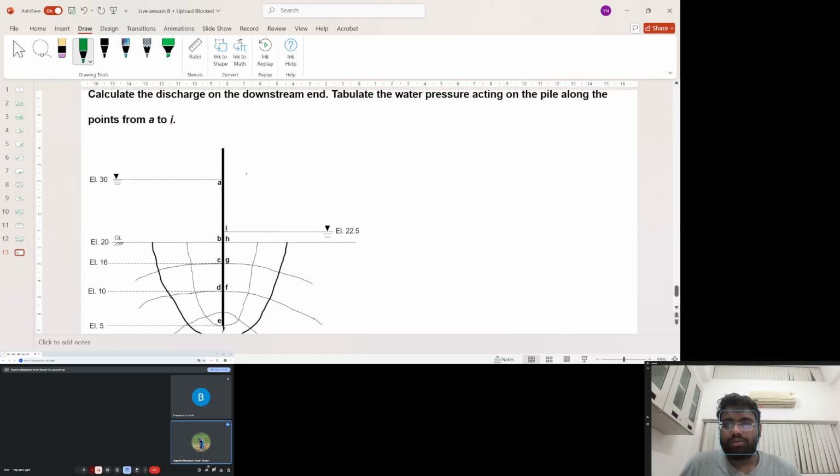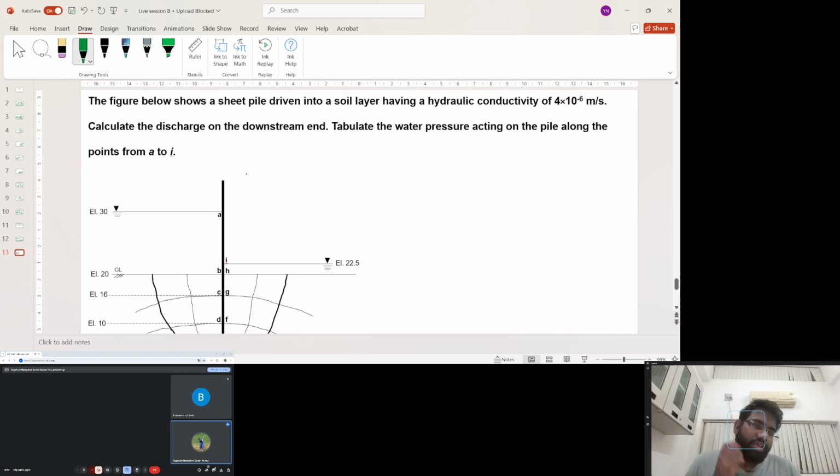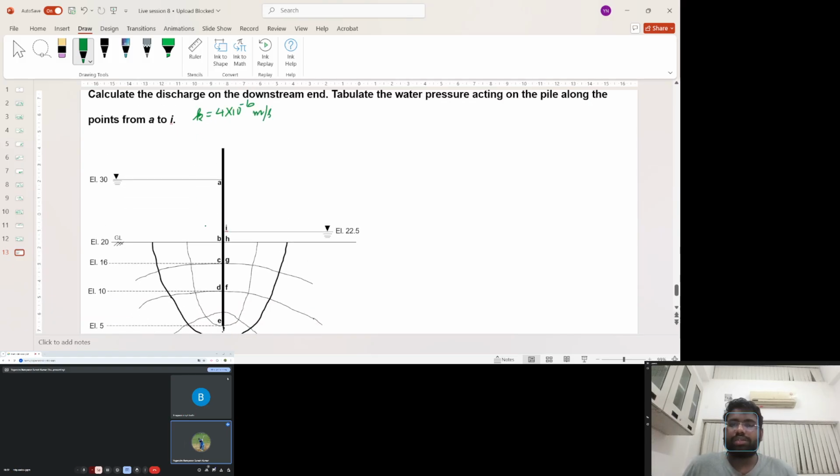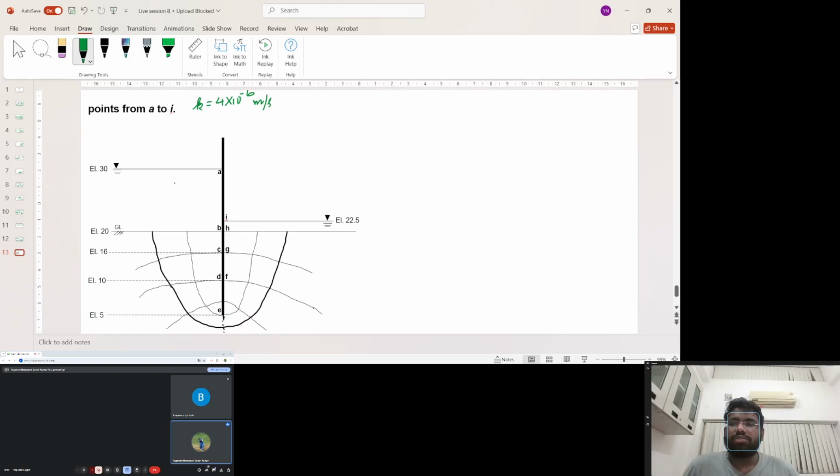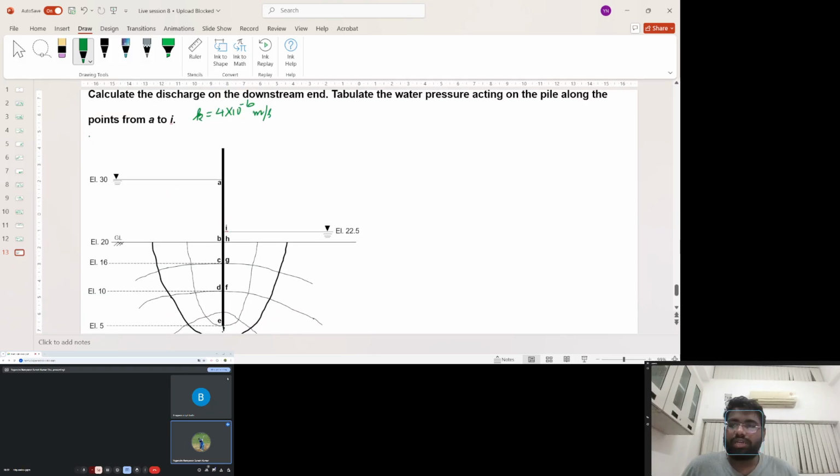Now we have to understand some of the given information by listing them down. First is K, which is 4 into 10 power minus 6 meter per second. Next, the discharge has to be calculated. For that we need to calculate the head difference.